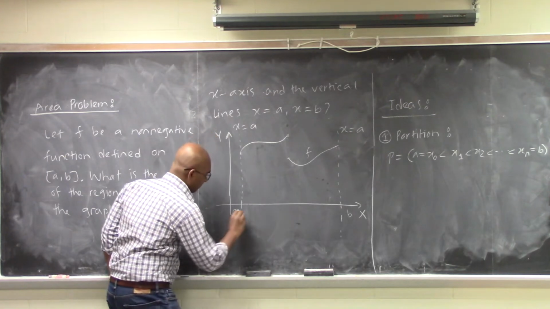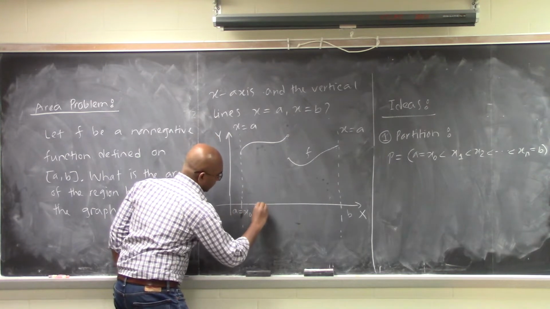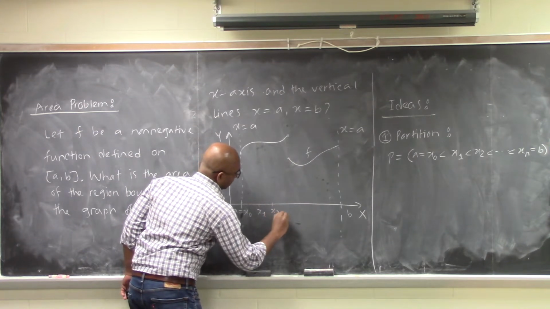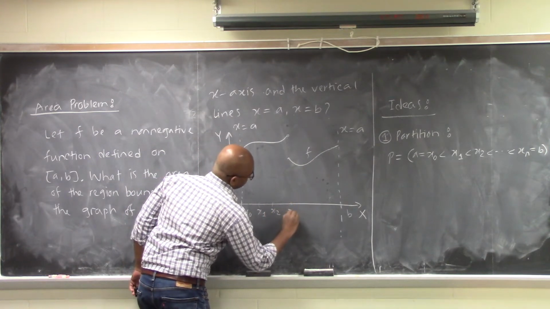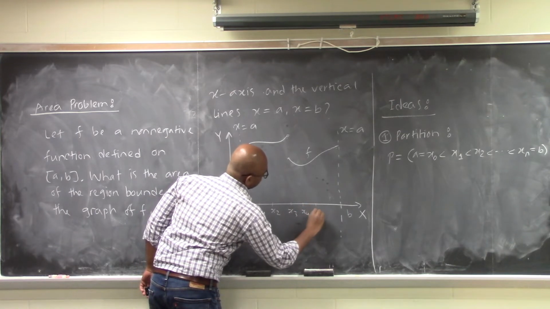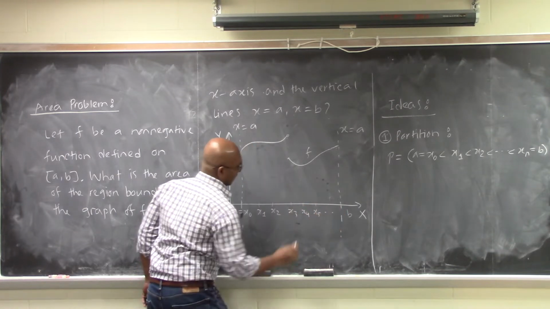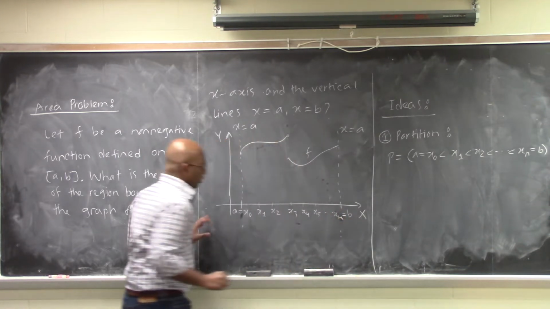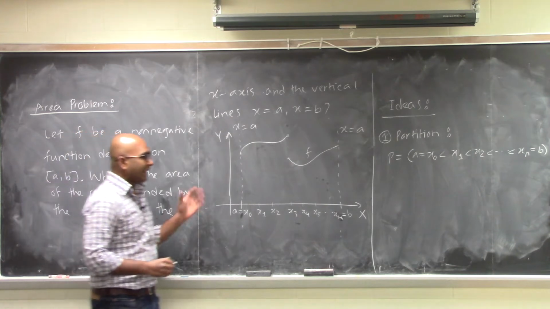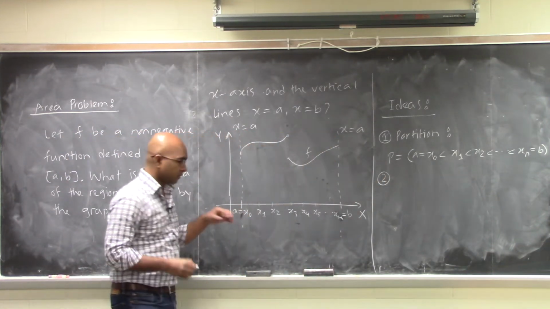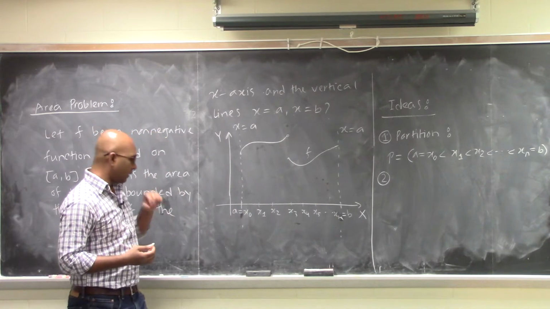So this is x sub 0, then x sub 1, x sub 2, x sub 3, x sub 4, x sub 5, and so on. And the last one is x sub n. So first we partition this interval, and the next thing is we need representative points from each interval.